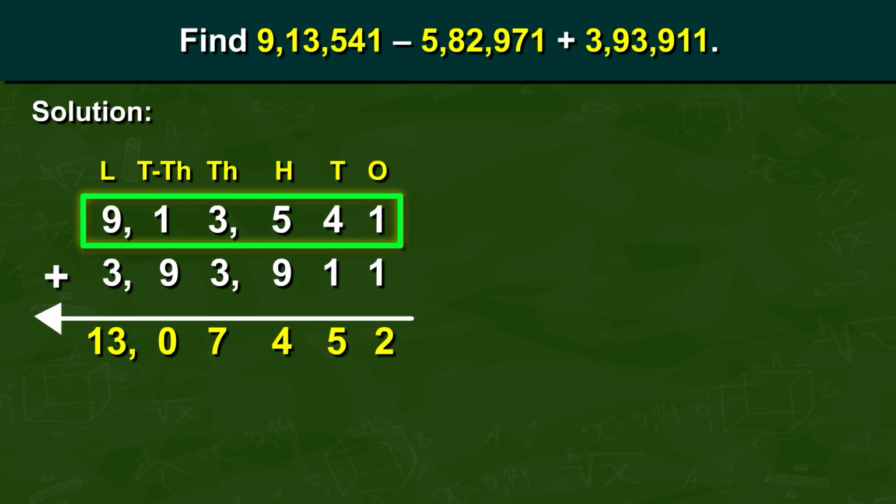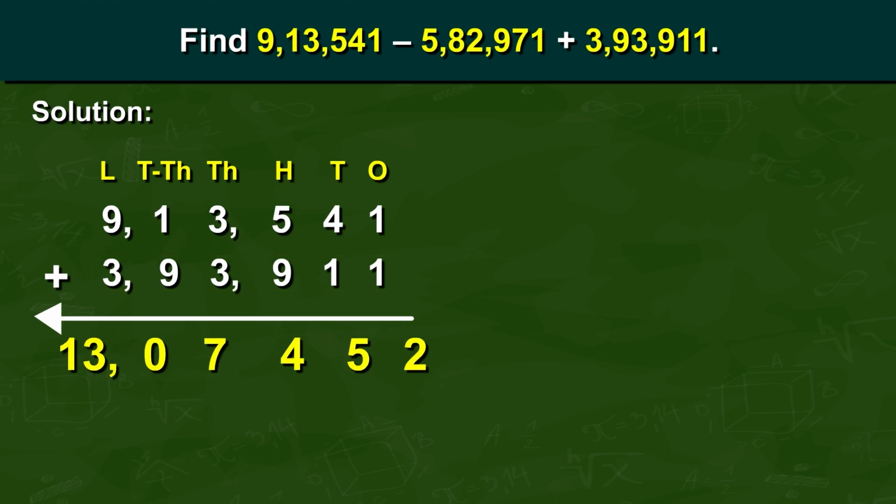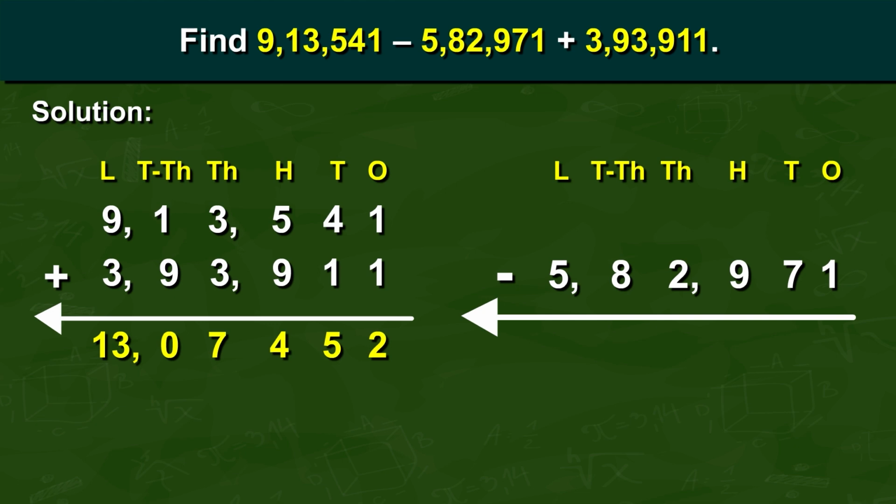So, we have 9,13,541 plus 3,93,911 is equal to 13,07,452. Step 2. Add all numbers which have minus sign on their left-hand side. If there is only one number, we keep it as such, i.e., 5,82,971. Step 3. Subtract the number obtained in Step 2 from the number obtained in Step 1.